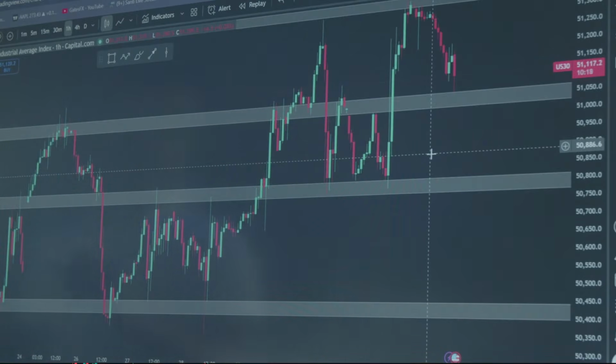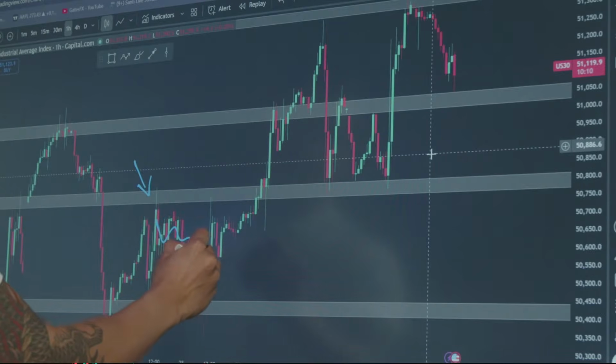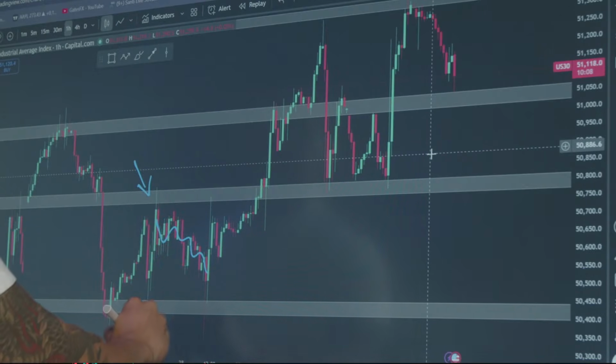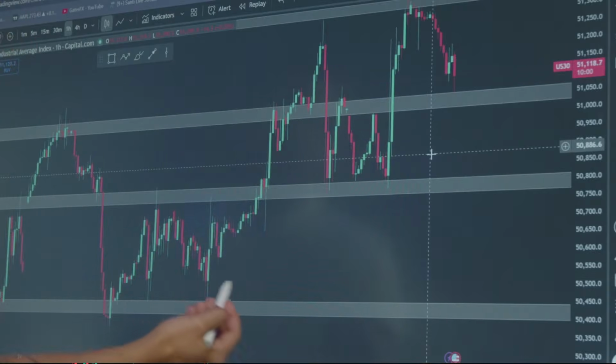So again, what I'm pointing out is the aggressive pullbacks that we get. Even after we have such strong moves to the upside, the pullbacks are pretty aggressive. Here the pullback was a little bit slow, but overall still aggressive in the sense that it came all the way to these lows right here. So once again, showing us pullbacks are very aggressive. Then you have your continuation.